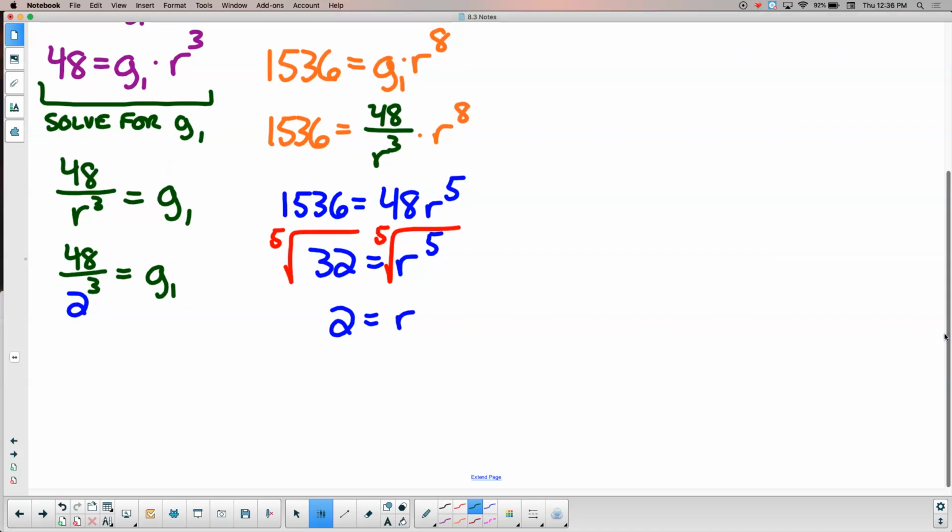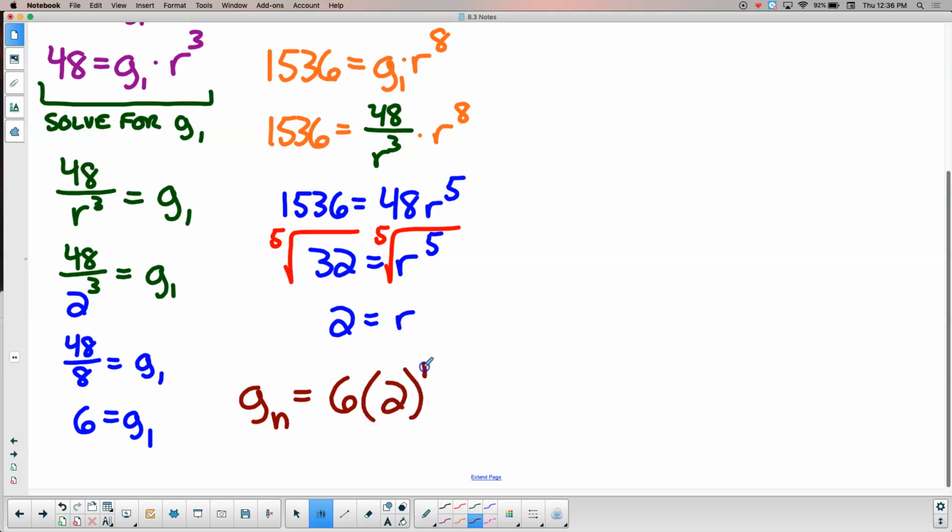So then this is 48 divided by 8, which is 6. Now I have enough to write my rule. So any term here, g sub n, is equal to 6 times 2 raised to the n minus 1 power.